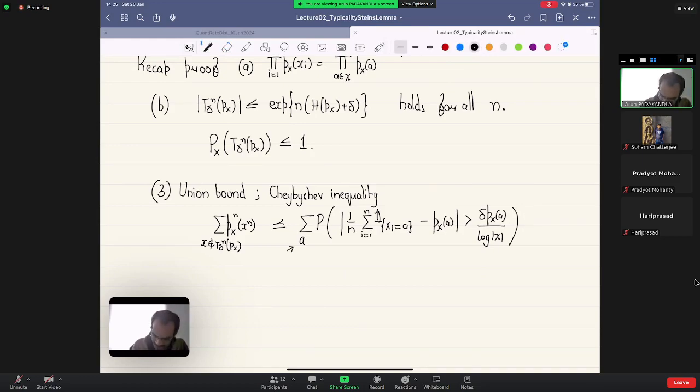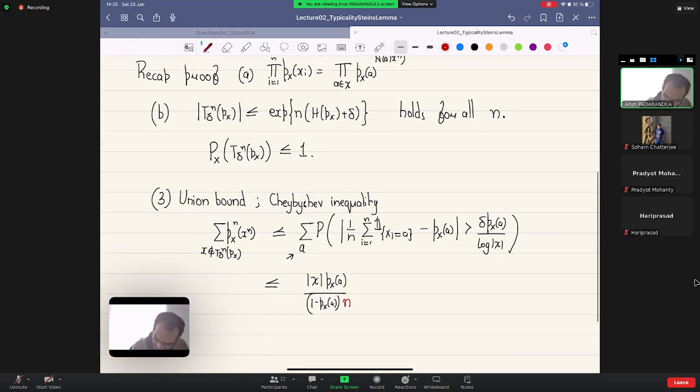So this I ended up getting at most something like cardinality of X, p_X(a) times 1 minus p_X(a), with an n sitting at the bottom. The n is the critical thing. This is really what you're after. Delta squared, something of this sort, with a summation over a, but the summation is only over those a for which p_X(a) is greater than 0.